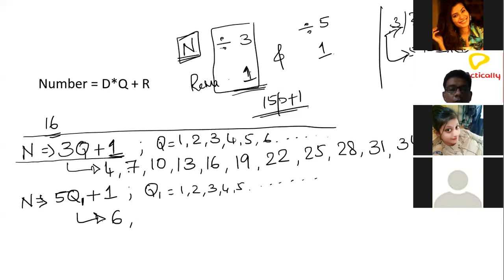Then I know from my previous experience that all these values are now going to increase by 5. So 6 plus 5, 11, plus 5, 16, plus 5, 21, plus 5, 26, plus 5, 31, plus 5, 36, and so on. Are all of you clear till here?